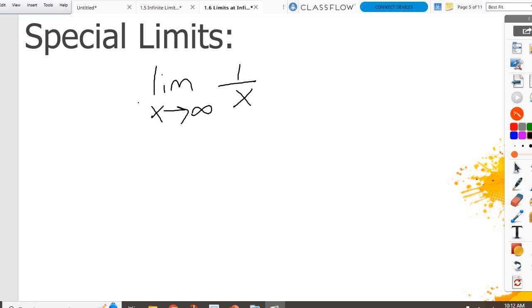So again, I'm thinking I have stuff that's getting infinitely big on the bottom, which means that the whole thing would be getting infinitely closer to 0. So this equals 0. Now, if I'm looking at the limit as x approaches negative infinity of 1 over x, what does that equal?